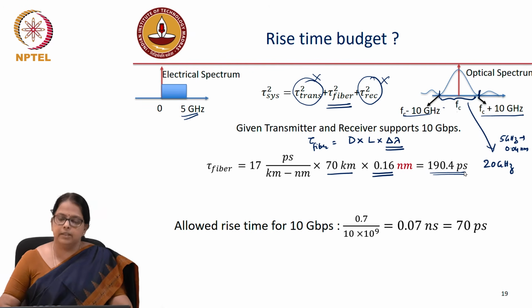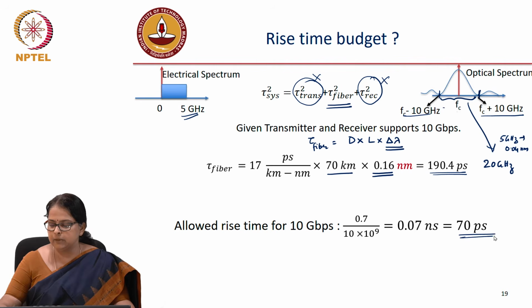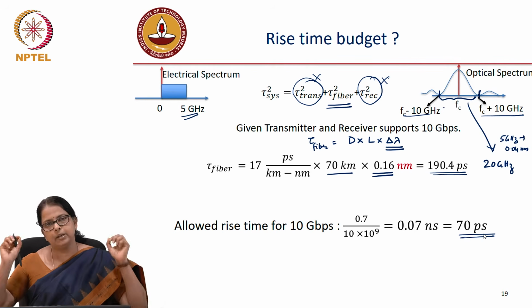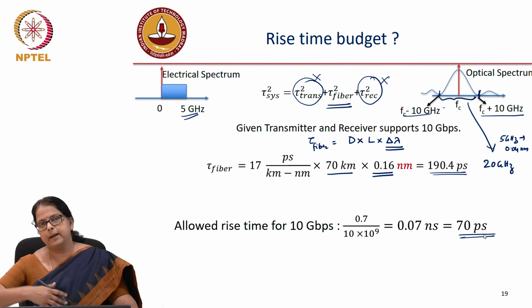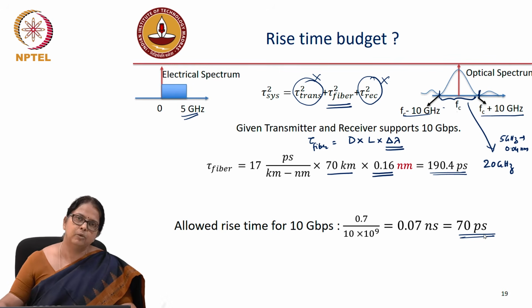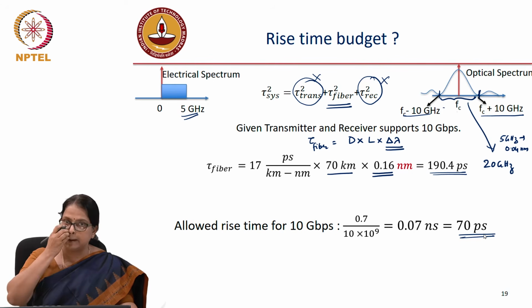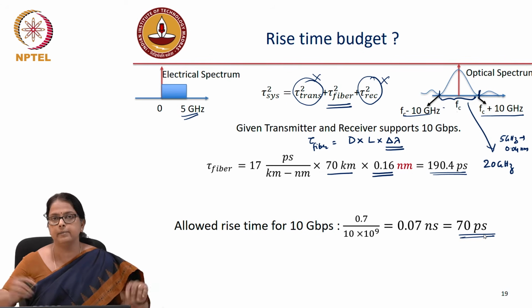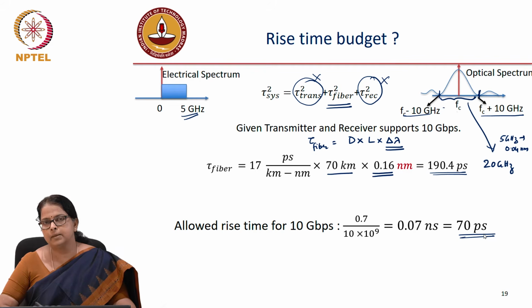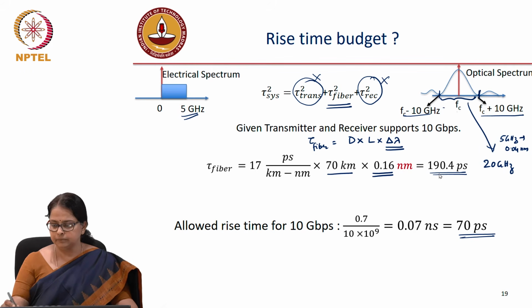Allowed rise time for 10 Gbps is 70 picoseconds. Which means that if I just put a 70 kilometer fiber, the rise time budgeting will go for a toss, because this length of fiber cannot support a 10 Gbps system because of dispersion. You see, 10 Gbps would mean that the bit period is 100 picoseconds.